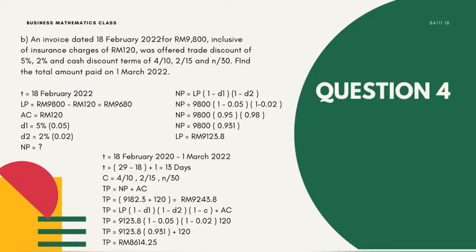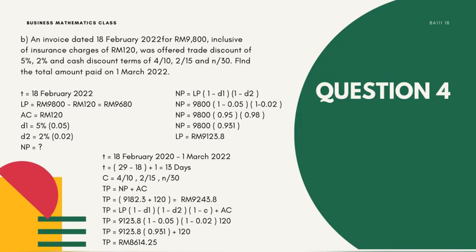Alright, the last question. An invoice dated 18 February 2022 for RM9,800, inclusive of an insurance charge of RM120, was offered trade discounts of 5% and 2% and cash discount terms of 4/10, 2/15 and n/30. Find the total amount paid on 1 March 2022.